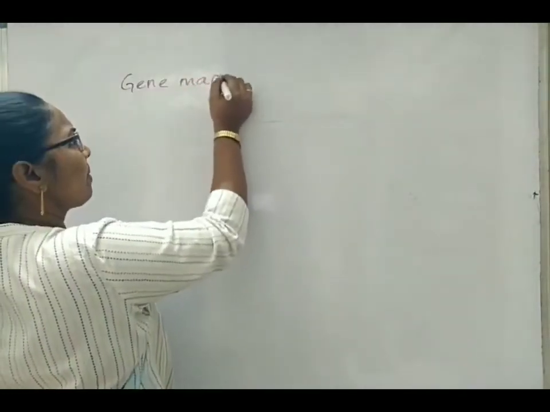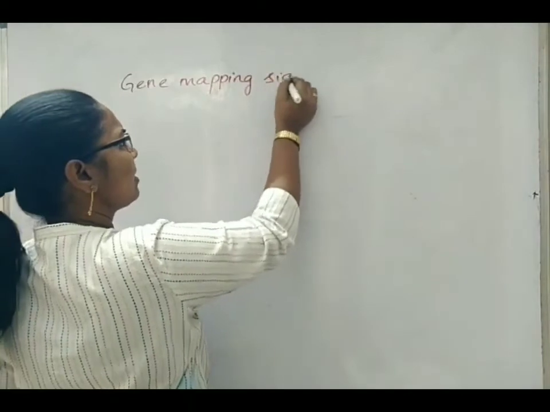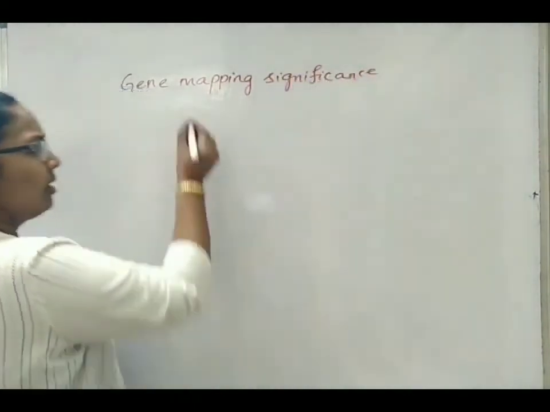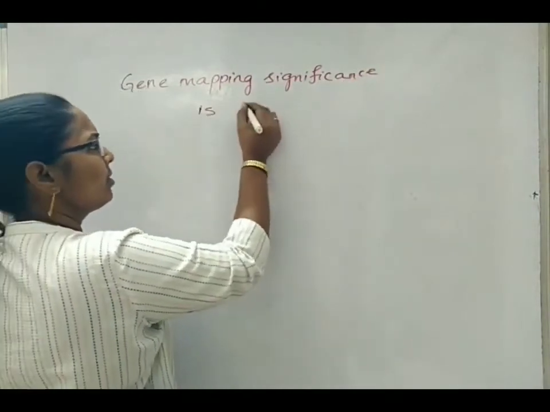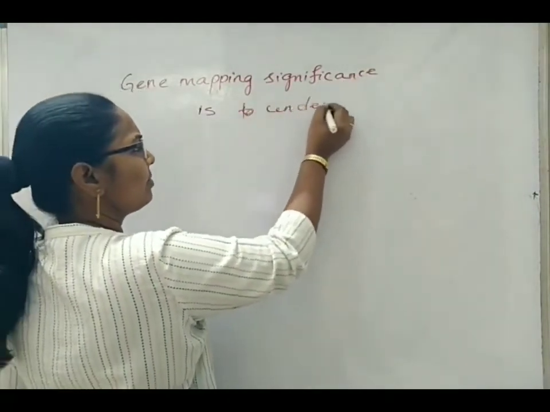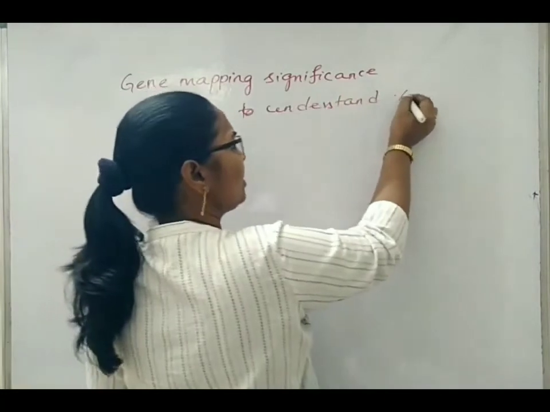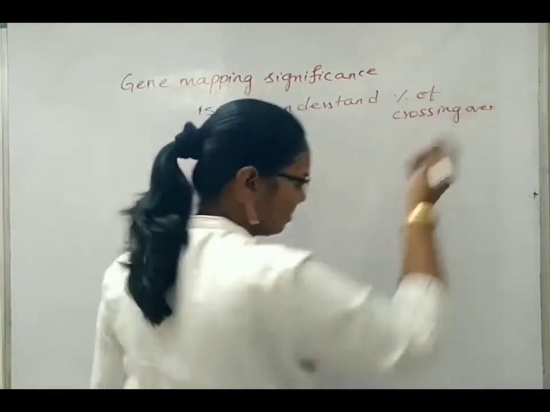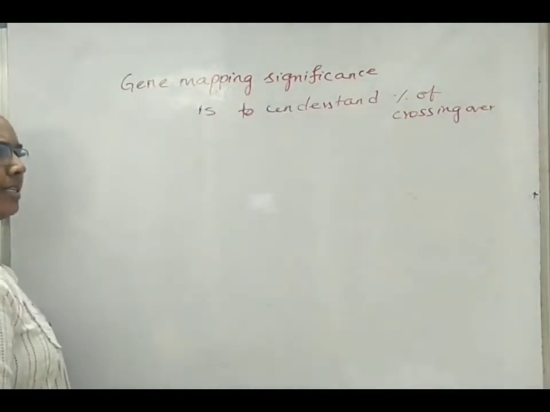Mapping significance: gene mapping significance is to understand the percentage of crossing over and also genetic complexity.